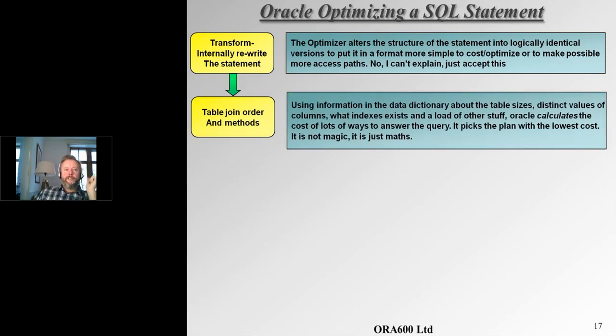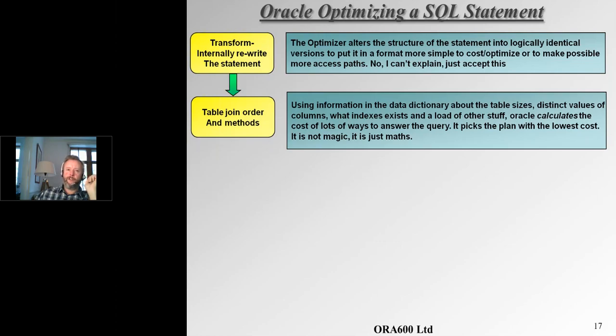Once it's done that, it takes the statement and looks at the table join methods and the table join orders, and it tries to come up with the best plan that it can. And it calculates the cost for each of these various ways of executing the SQL statement. And the cost is basically Oracle's estimate of the number of logical or physical IOs it's going to do.